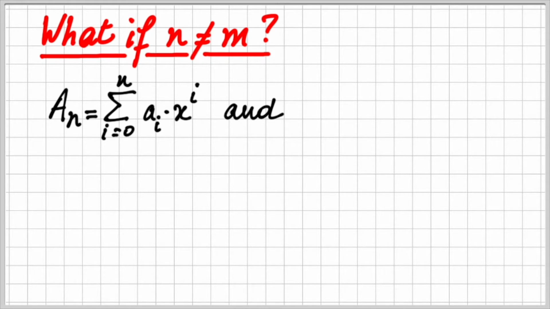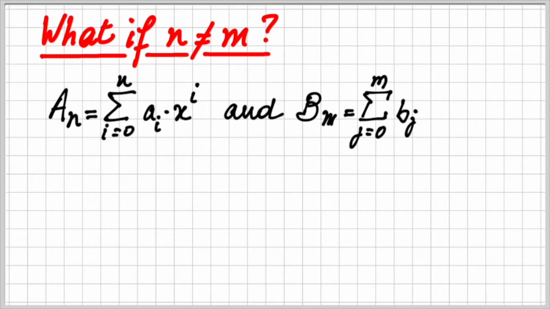And we can write the same for the second polynomial. Now we have bm, and m and n are different. Let's assume that n is larger than m. It means that the order of the polynomial a is higher than the order of the polynomial b.